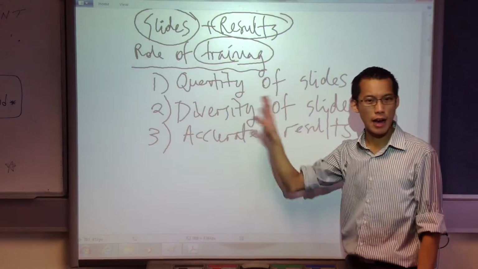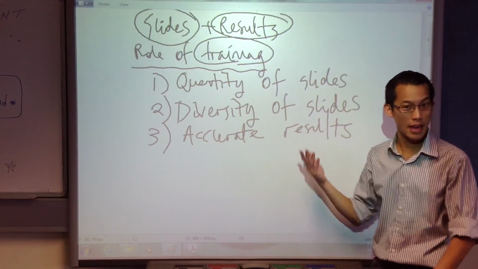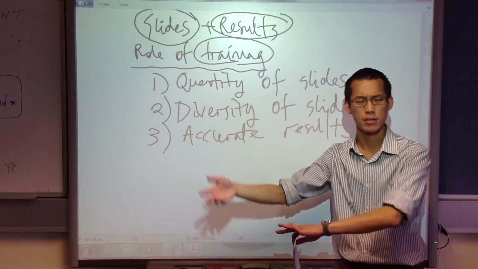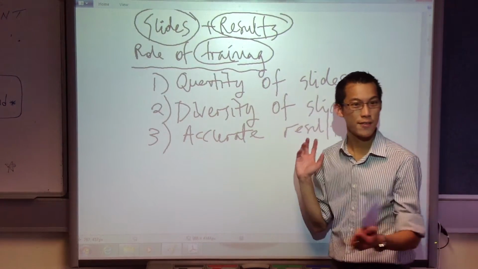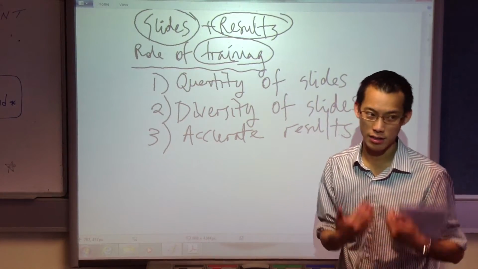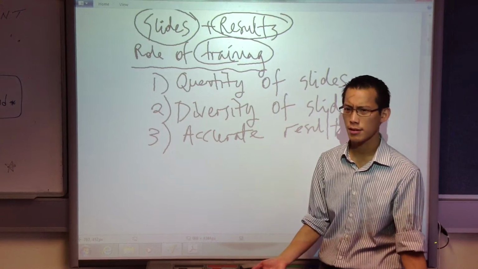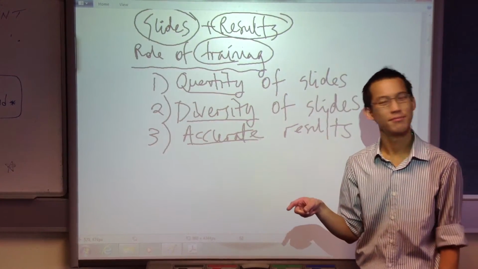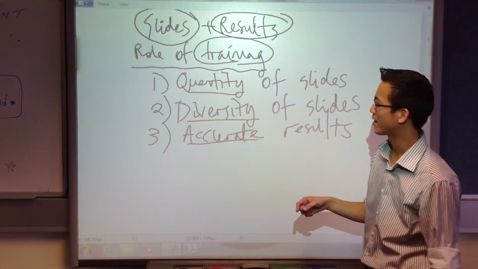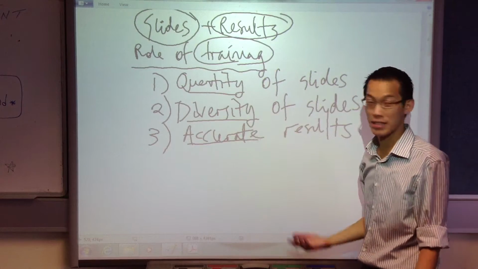If you've got enough slides, and they're different enough to each other, and you know whether they're cancerous or precancerous or not, then hopefully that'll all come together and you'll be able to recognize, even in slides you've never seen before, just like human beings, whether it's positive or negative. Does that make sense? Okay, so these three things here are really, really important, and not many people mentioned them. Usually I just got one. Someone said, yeah, lots of data, that was an easy one, but you missed out these other two.